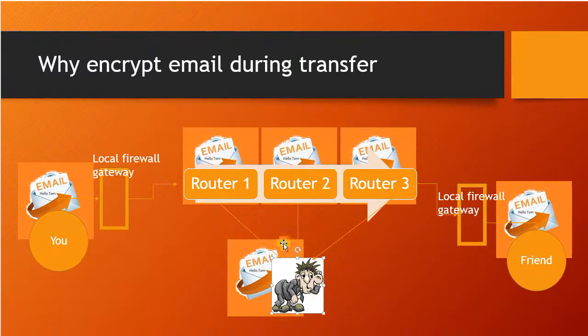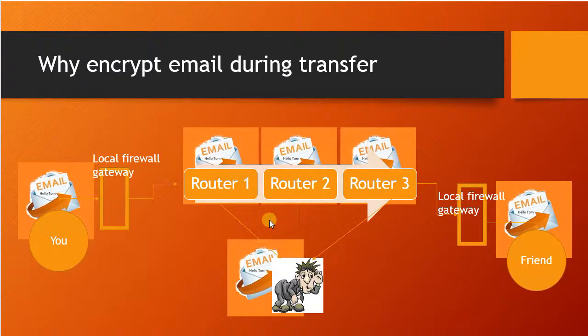So when you send an unencrypted email, the email content is visible to those bad guys. They can very easily see all the contents, and they can use their filter system to filter the email content for whatever they want to see. For example, passwords, credit card numbers, or any other content they are interested in, right?